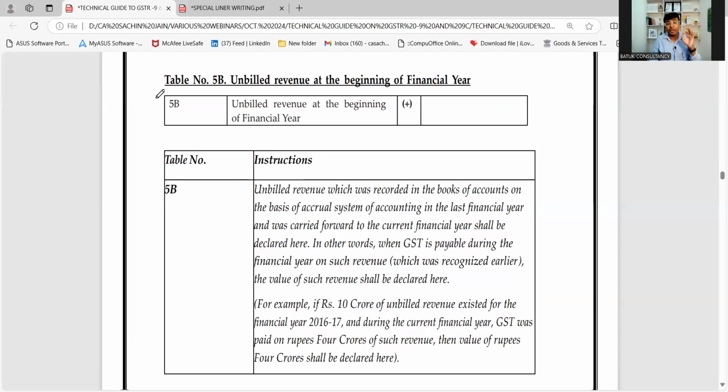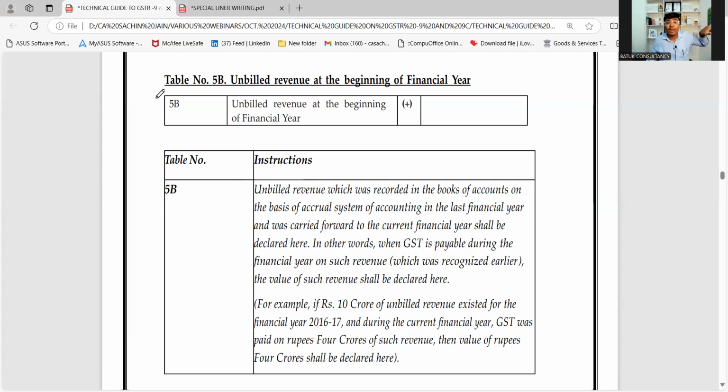Okay, the second point, if there is any unbilled revenue at the beginning of the financial year, unbilled means there is any revenue which you have received but you have not booked due to the accrual system of accounting. In such a scenario, you just need to put it here. Unbilled revenue at the beginning of the financial year, you need to add.